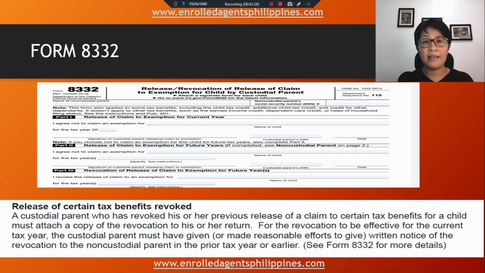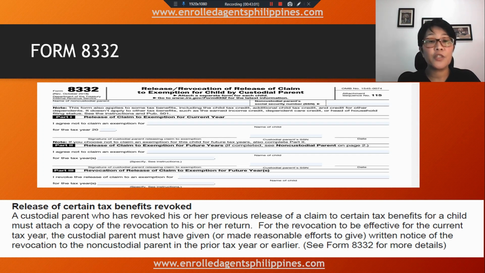Kung papabayaan ni Mary na i-claim ng tatay si Jane, kahit na siya yung custodial parent, kailangan fill up and mag-file siya nitong Form 8332. Parang katibayan na kumbaga wini-waive ko, hinahayaan ko yung tatay ni Jane na siya yung mag-claim sa anak niya, which is si Jane, as dependent. Okay? So, yan yun. Form 8332.